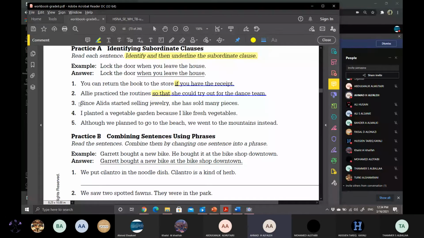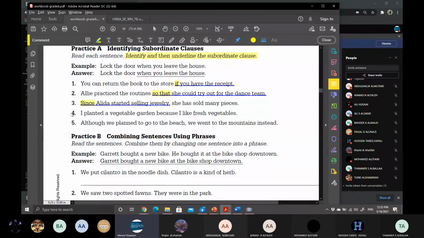So simply, since Halida started selling jewelry, what happened? She has sold many pieces, and of course, the subordinating conjunction we have is "since."